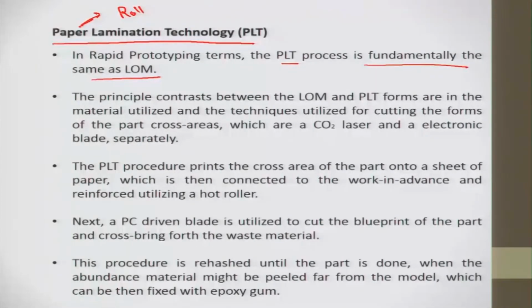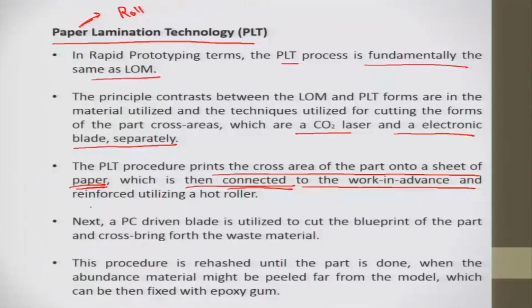The principal difference between these two is the form of the material being used and the techniques used for cutting the forms of the part cross sections, which are a carbon dioxide laser and an electronic blade respectively. The paper lamination technology process prints the cross section of the part onto a sheet of paper, which is then applied to the work in advance and bonded using a hot roller.